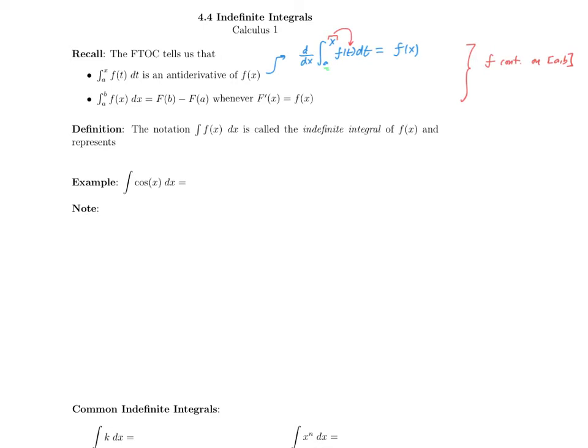So the notation where we have the integral of f of x dx, note there are no limits of integration, is called an indefinite integral of the function f of x, and it represents all possible antiderivatives of f of x.